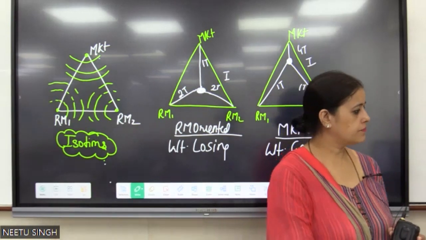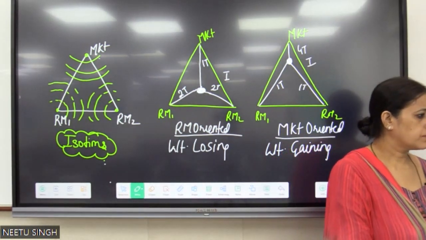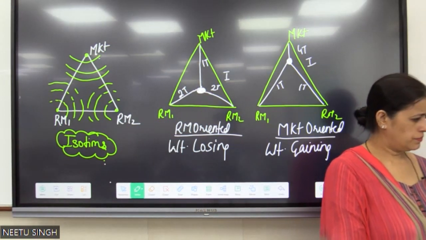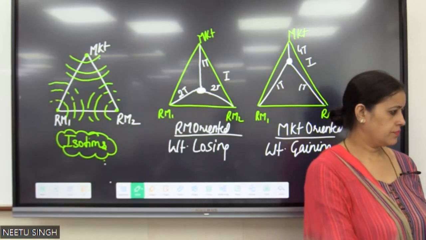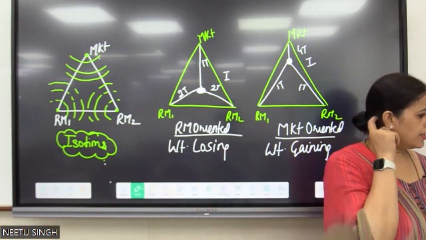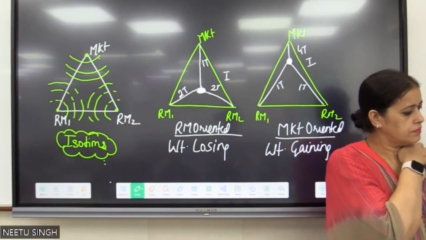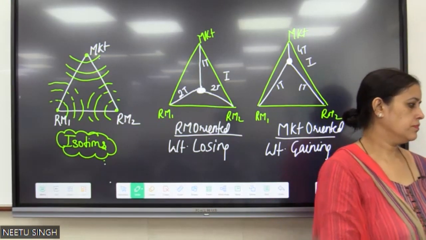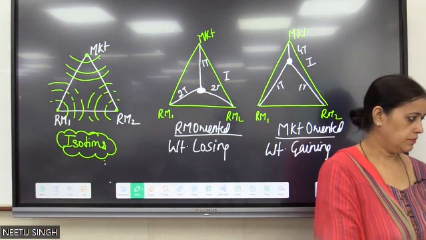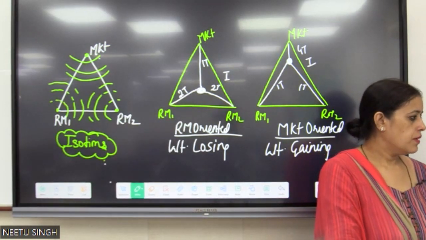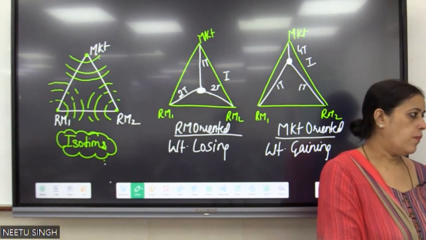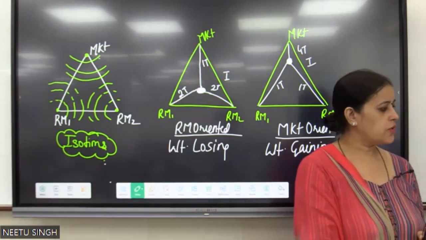It includes equilateral triangles with raw material sources at the base of the triangle and the market at the apex of the triangle.